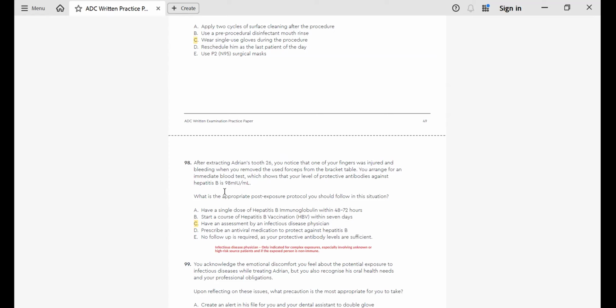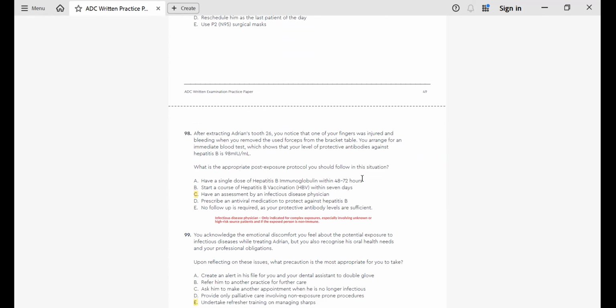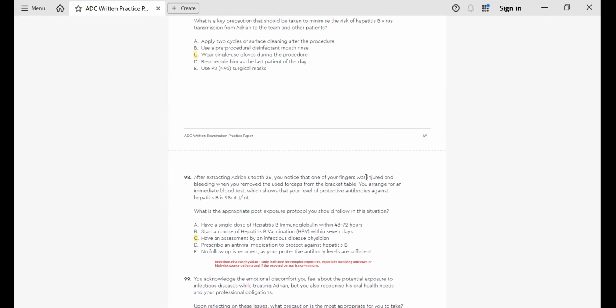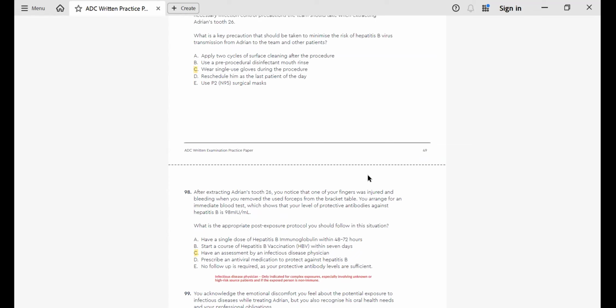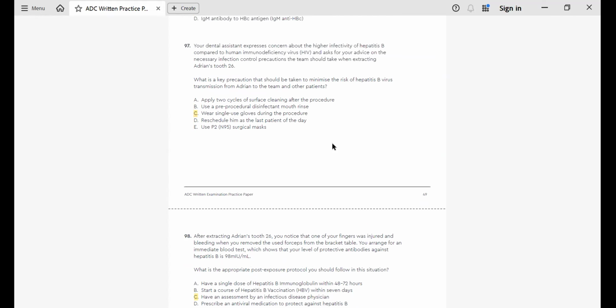Your hepatitis B antibody level is 98 milli international units per ml. What is the most appropriate post-exposure protocol you should follow in this situation after getting the needle stick injury? B is wrong. Why would you want to use a pre-procedural disinfectant mouth rinse? You have to use something that is important as a standard precaution, right? Is B more important than C? No, right?